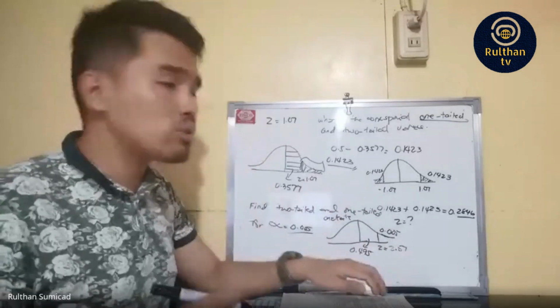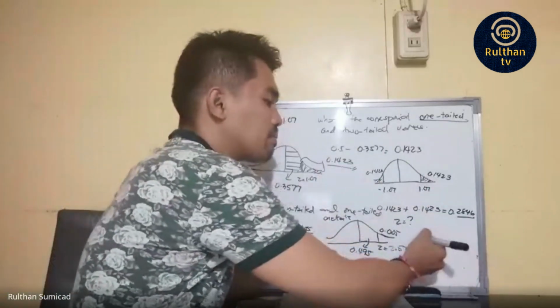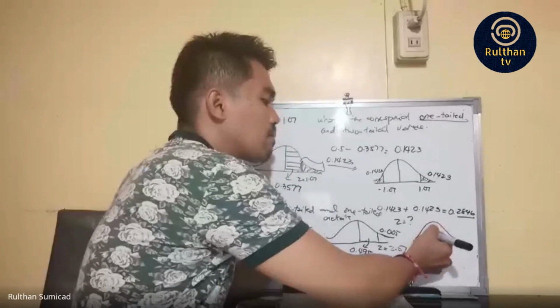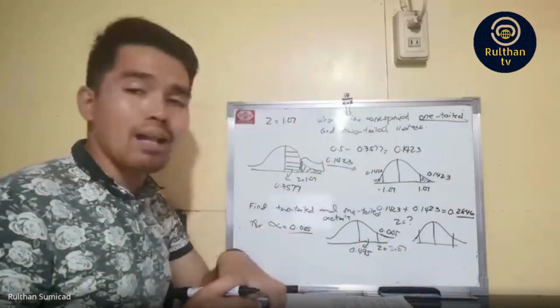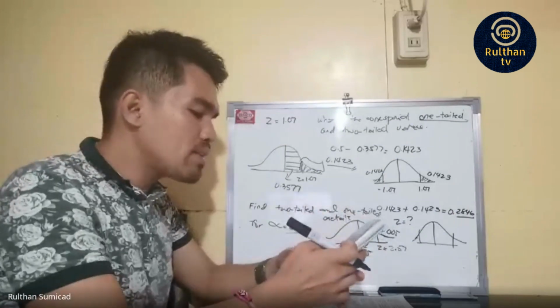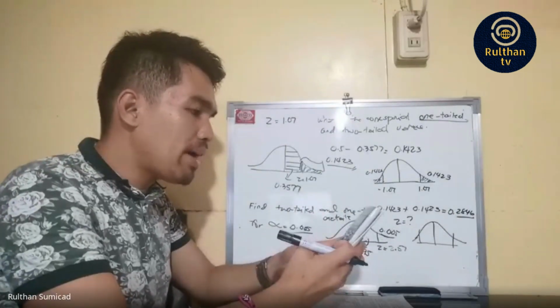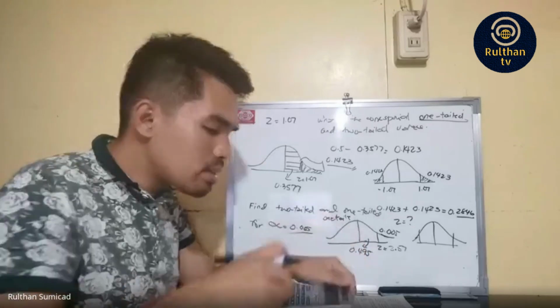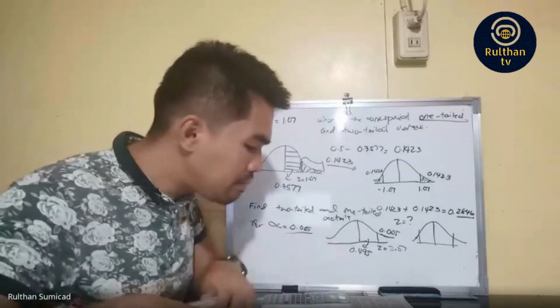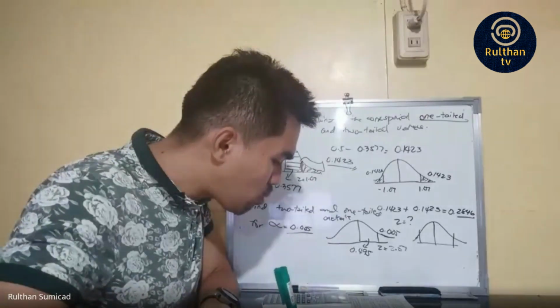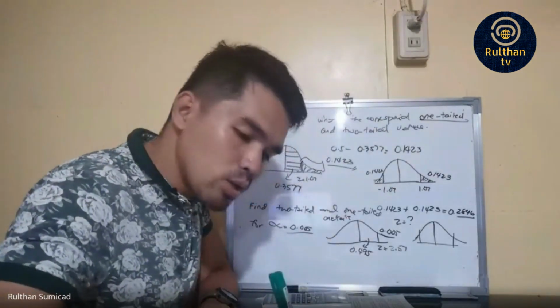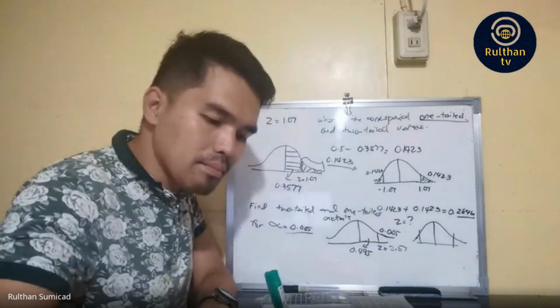What about if it's two-tailed? So let's have the two tail. What we're going to do now is divide the alpha by 2. So that's 0.005 divided by 2, which is already very small: 0.0025.